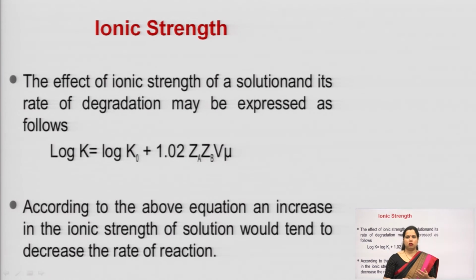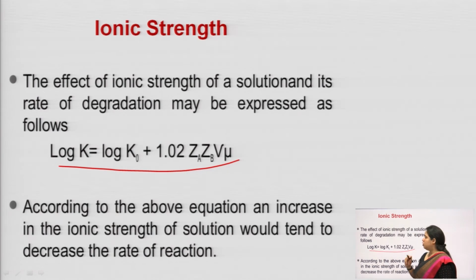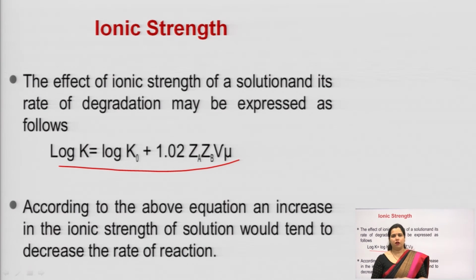After this solvent relationship, ionic strength is also a factor which influences the rate of reaction. The effect of ionic strength of a solution on its rate of degradation may be expressed as follows: log K is equal to log K naught plus 1.02 Z A Z B root mu. This is the equation generally used for identifying the effect of ionic strength on the reactant molecules participating in the reaction.